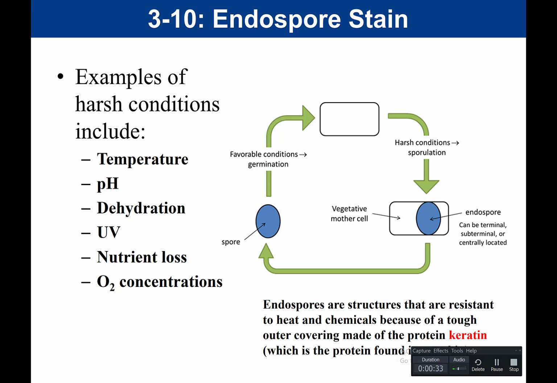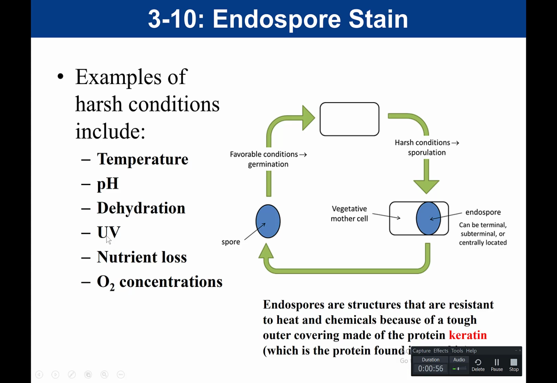And so you want to know these different conditions for when bacteria would experience their condition as being harsh. So when temperature changes, or pH, or dehydration, or UV, or nutrient loss, or changes in oxygen concentrations, that is a condition that bacteria would experience as being harsh.